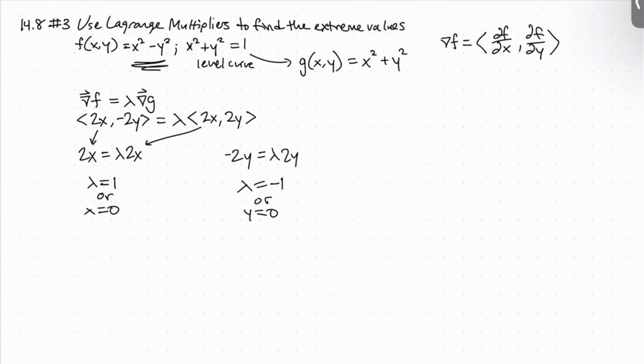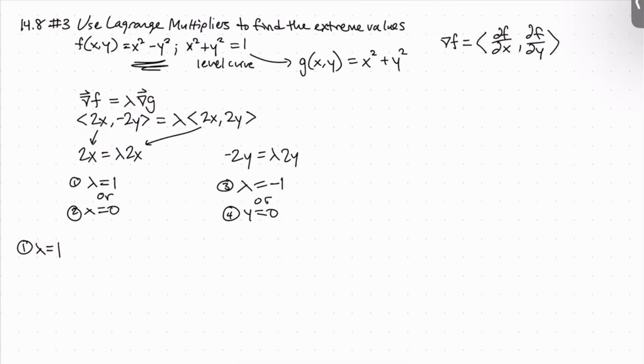Now, we have all these possibilities, so we're going to have to check which ones can be true. So I'm going to number these. This is 1, 2, 3, and 4. So possibility 1, if lambda equals 1, then lambda has to equal 1 for both the x partials and the y partials.